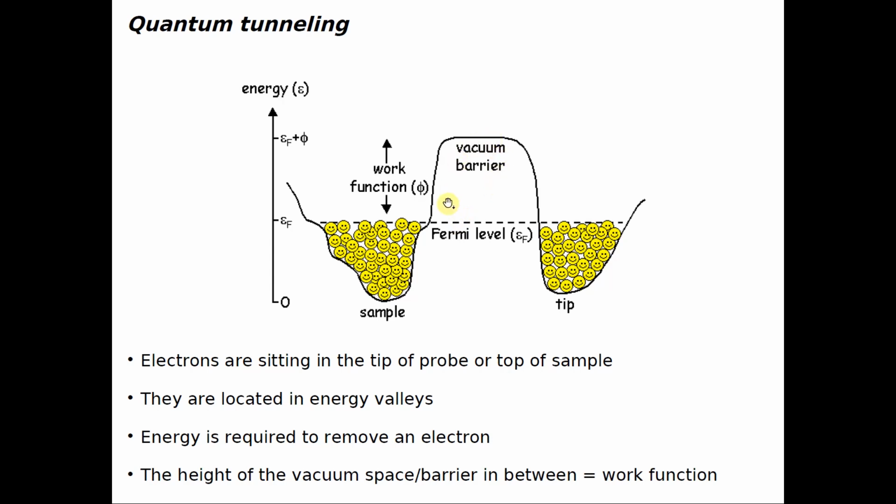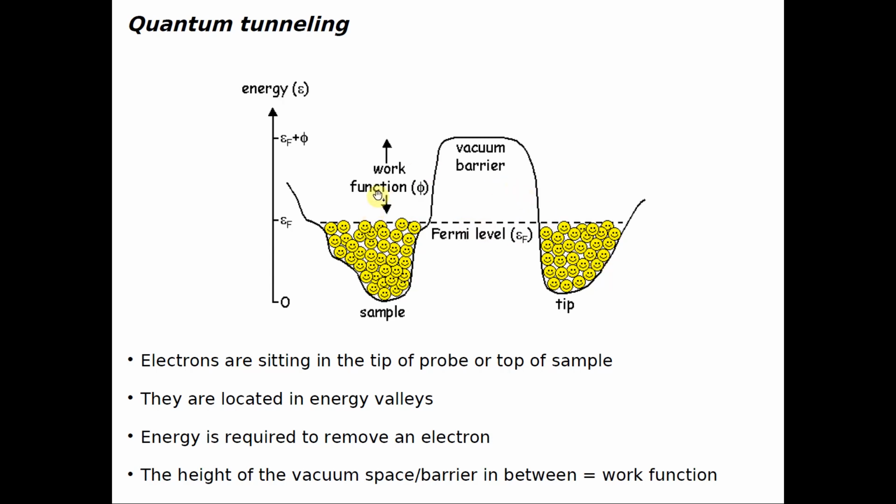That's called a vacuum barrier. I'm going to consider it like this. If you have understood your basic physics, you know that if electrons have to go from the sample to the tip, that means when scanning is happening, if the probe tip has to read the sample, then the electrons have to move from the sample towards the tip, right?